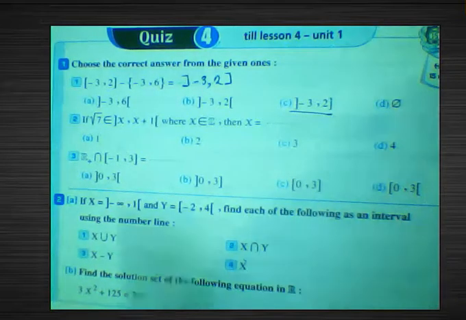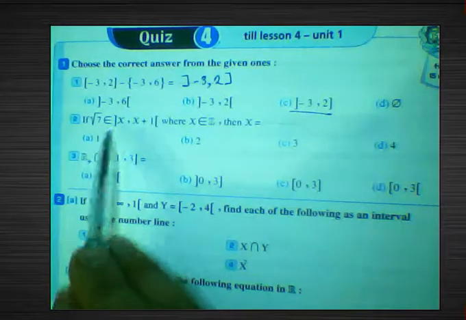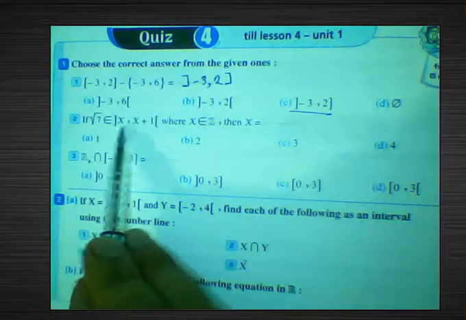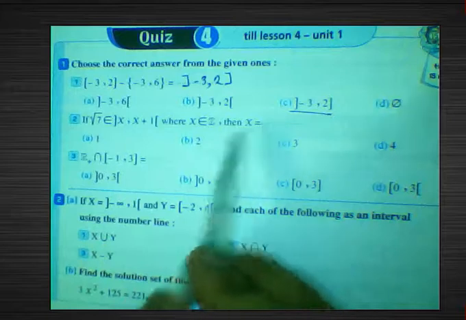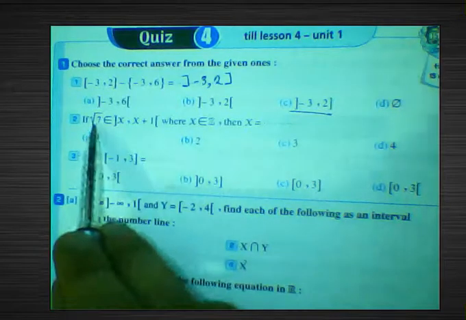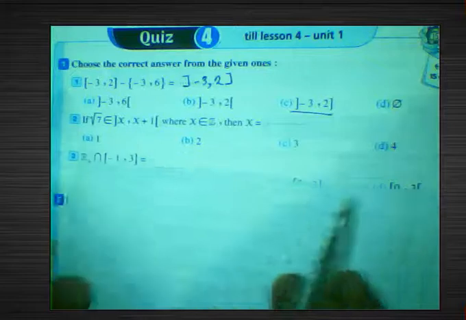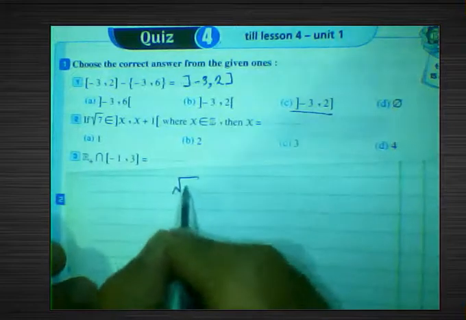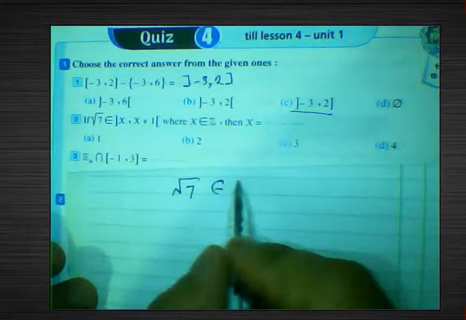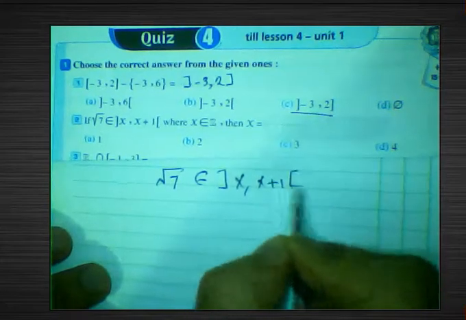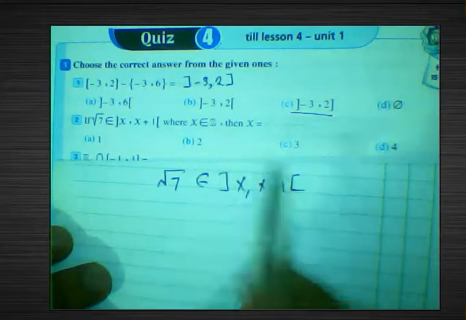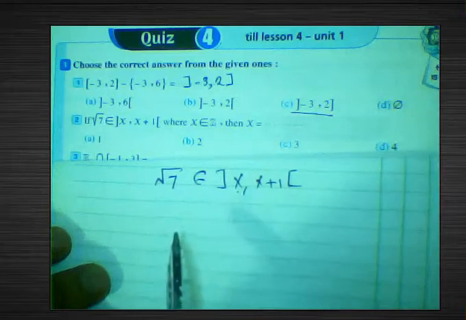Okay, if root of 7 belongs to the interval (x, x plus 1), where x belongs to Z, then x equals what? Look at this root of 7. The root of 7 belongs to the open interval (x, x plus 1), and he wants to find the value of x.